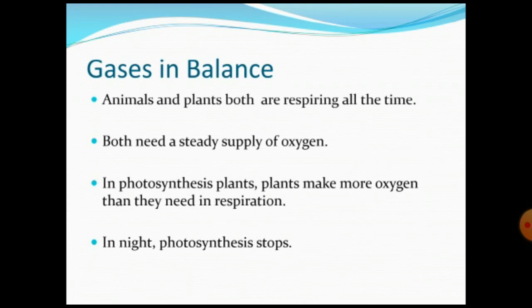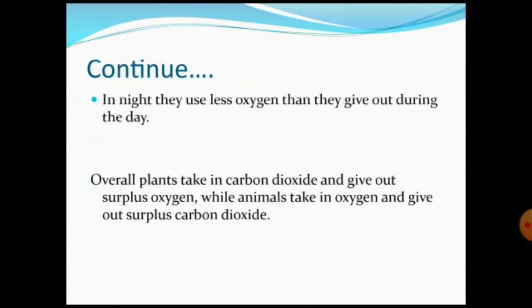At night, they use less oxygen than they give out during the day, because in the daytime photosynthesis takes place, and in this process oxygen is continuously released. But at night the plant is respiring, using oxygen, but in a very small amount compared to what it released at daytime.